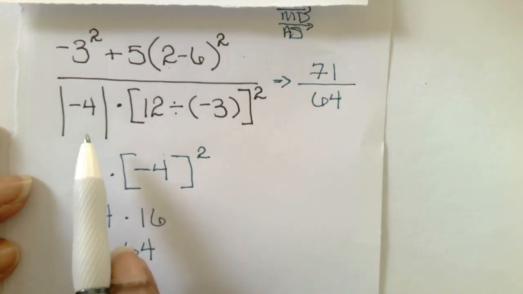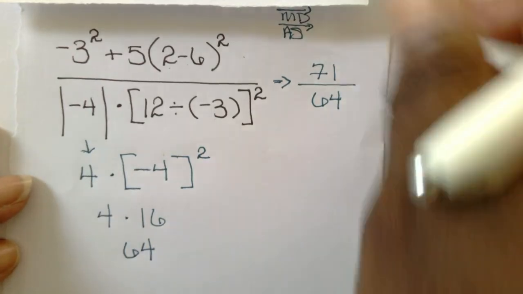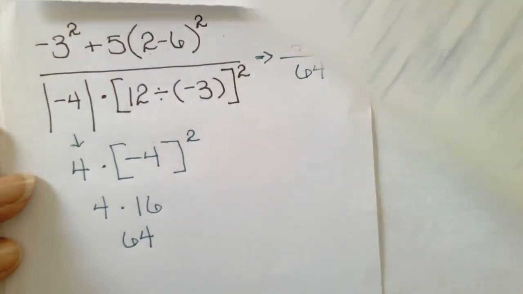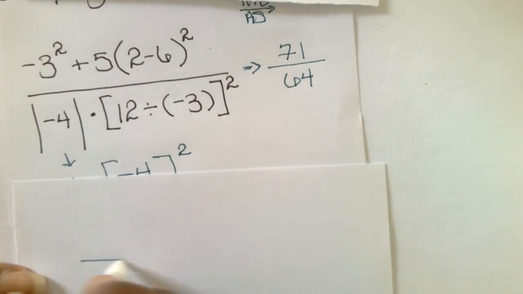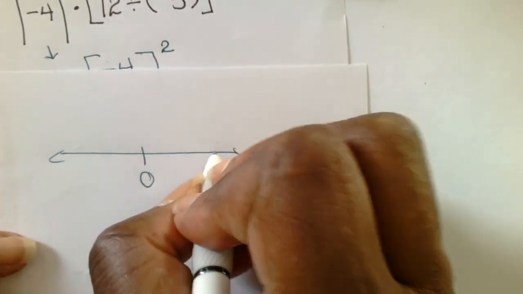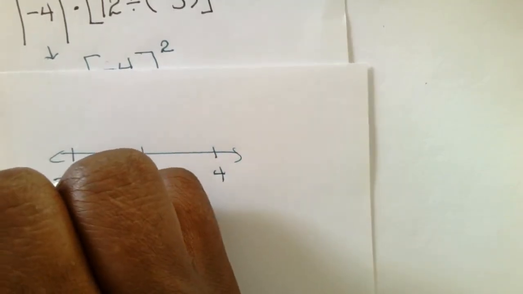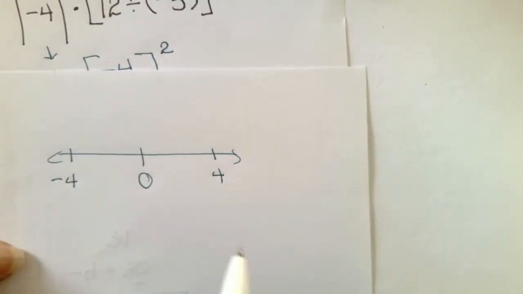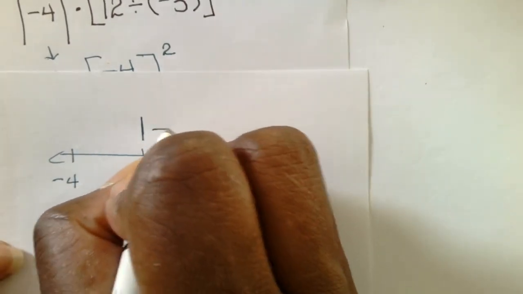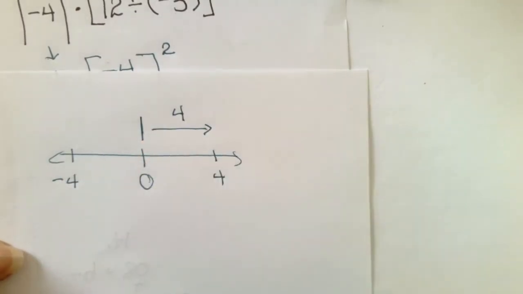Sure. So absolute value of negative 4. Anytime you have an absolute value, let me explain that part. If I had a number line, and I'm here at 0, and let's say this is 4 blocks away from my house, and this is 4 blocks away from my house in the opposite direction. So from my house to my friend uptown is 4 blocks.